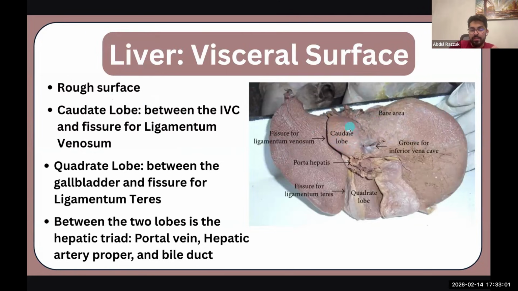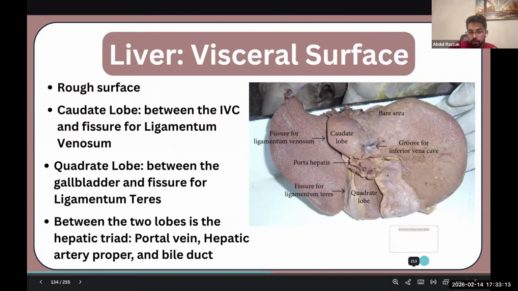The caudate lobe is marked by the fissure for the ligamentum venosum, and on the other side, it is marked by the groove of the inferior vena cava. It's going to be coming like this here. The inferior vena cava is going to be coming like this.